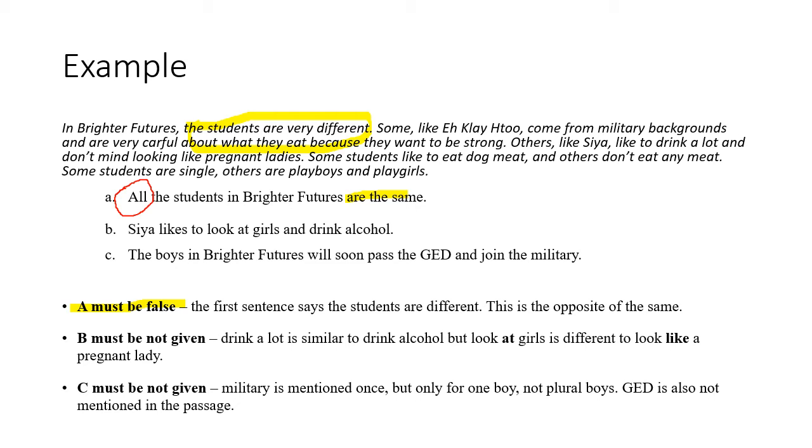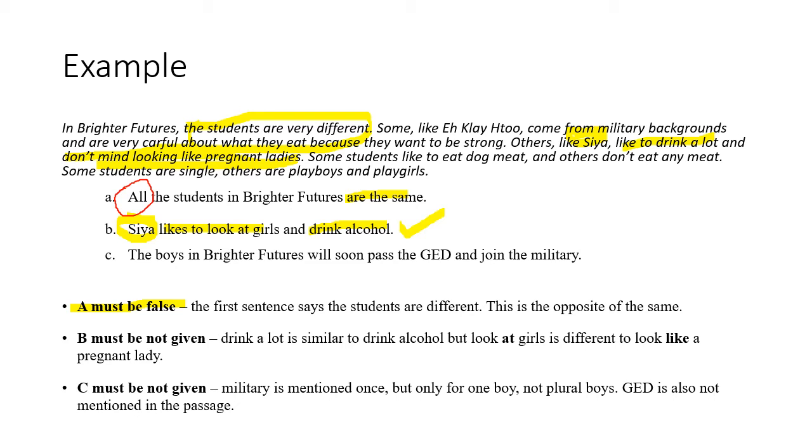B. Sia likes to look at girls, one idea, and drink alcohol, another idea. So let's look at Sia in the passage. It's here. Sia liked to drink a lot. Okay, we can guess drink a lot. In English, when we say drink a lot, we often mean alcohol. So the drink alcohol is correct. And don't mind looking like pregnant ladies.